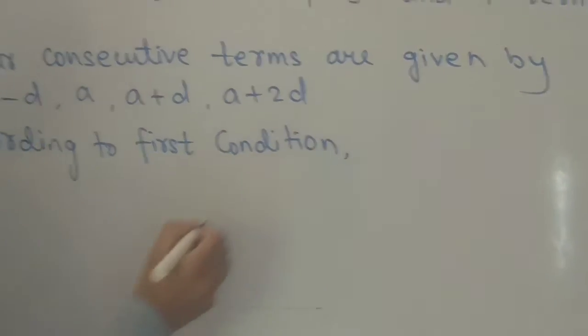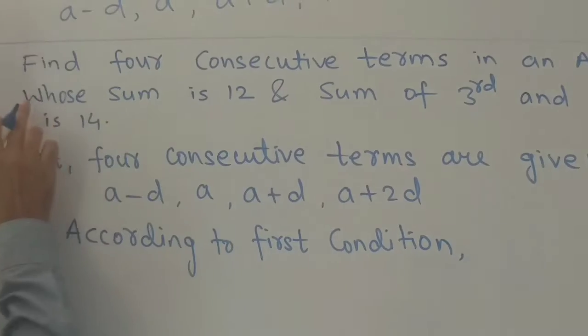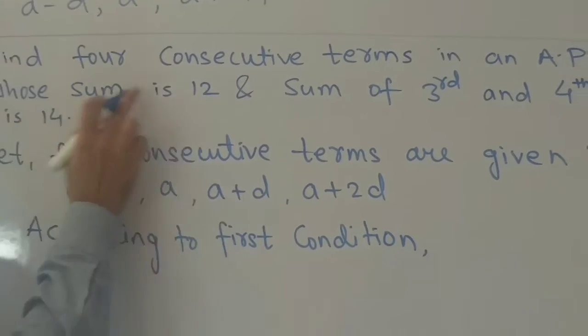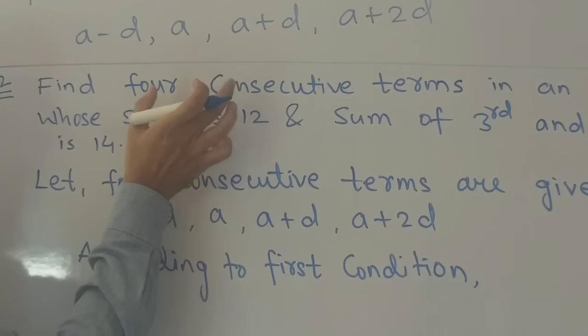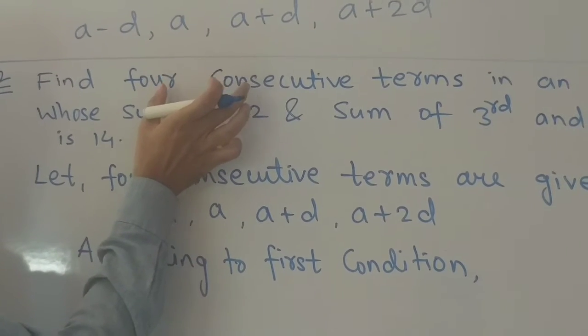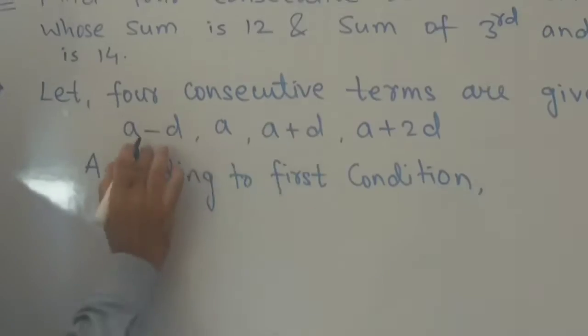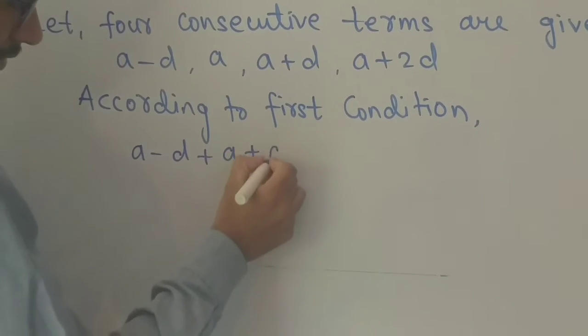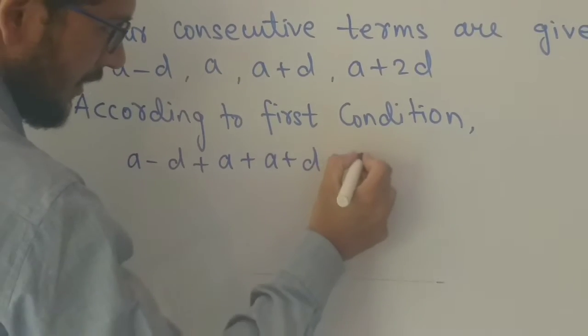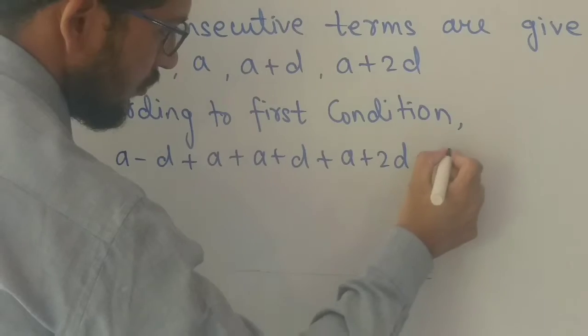So what does the first condition say? It says the sum is 12. Whose sum? Of the 4 consecutive terms. So we have to add all 4 consecutive terms, and the addition of all 4 terms is 12. So we write a minus d plus a plus a plus d plus a plus 2d is equal to 12.